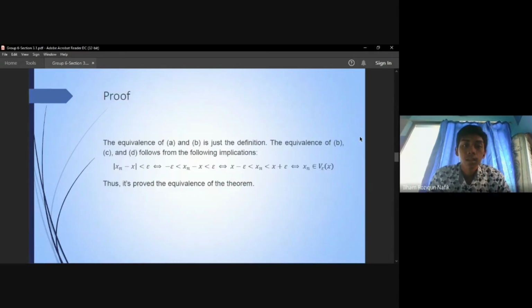And for the equivalence of B, C, and D, we can write it like this: the absolute value of x_n minus x less than epsilon implies minus epsilon less than x_n minus x less than epsilon, which implies x minus epsilon less than x_n less than x plus epsilon, and it means x_n is also an element of V_epsilon(x). Thus, it proves the equivalence of the theorem.